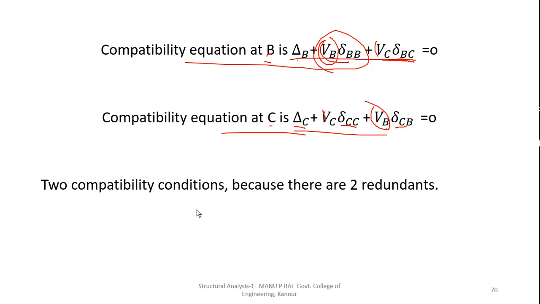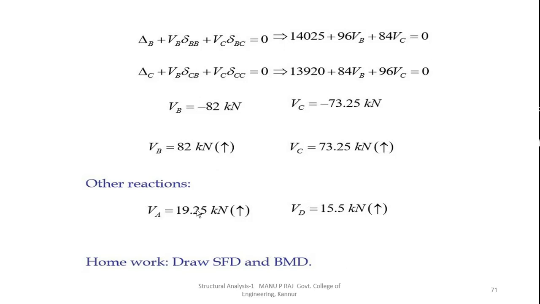Two compatibility conditions are there, so solve these two compatibility equations. You'll get the values of VB and VC. Other reactions can be found using equilibrium equations, and draw the SFD and BMD.